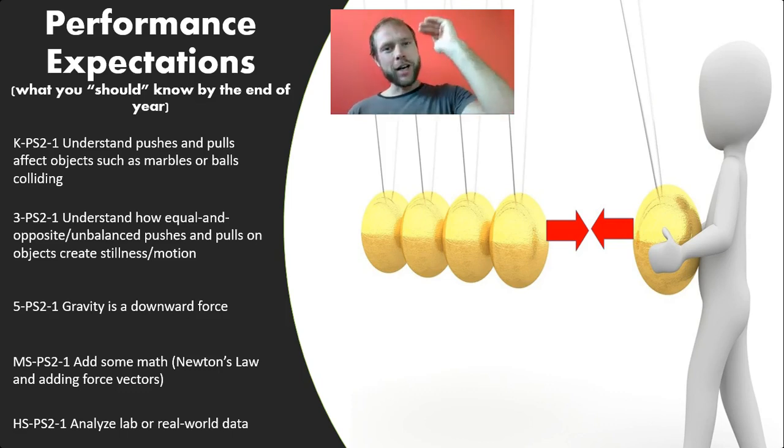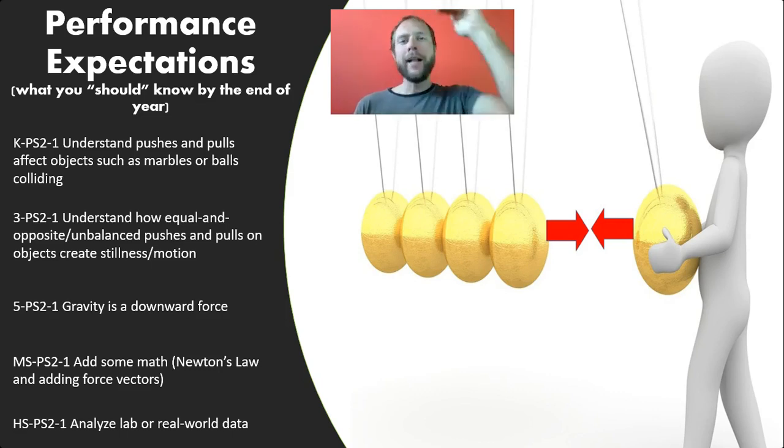So that's just one of these, again, physical sciences core idea 2, how it sort of plays out over the years. And if you remember Newton's statement, an object at rest stays at rest, blah, blah, blah. That's what this is, kind of broken down into sort of 5 chunks of how the knowledge should grow over time.